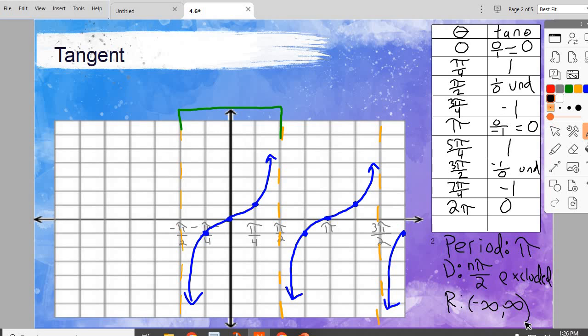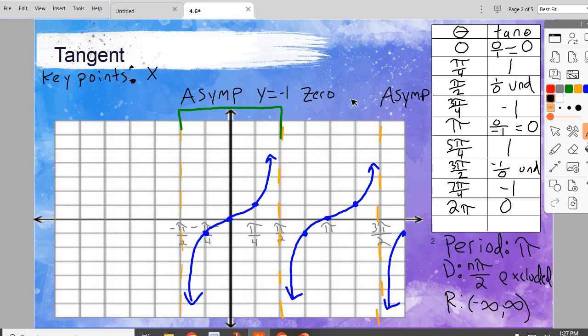So then let's go ahead and label our key points. Notice that we're going to start at an asymptote, which means we also have to end at an asymptote. Halfway in between those two things is our 0. And then, like I said, we can't call these other 2 points our maxes and our mins, because it's not actually a max or a min, but those are still nice numbers to look at.